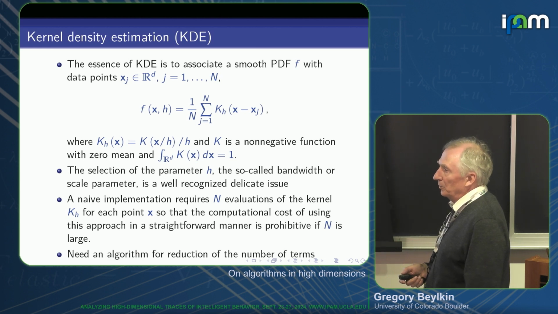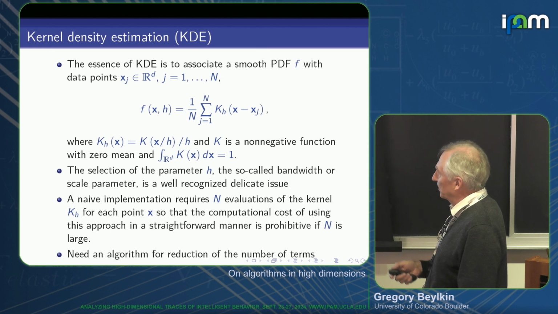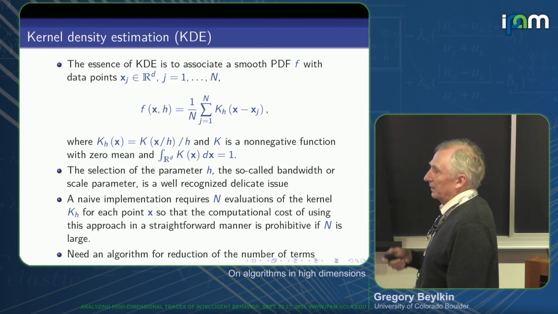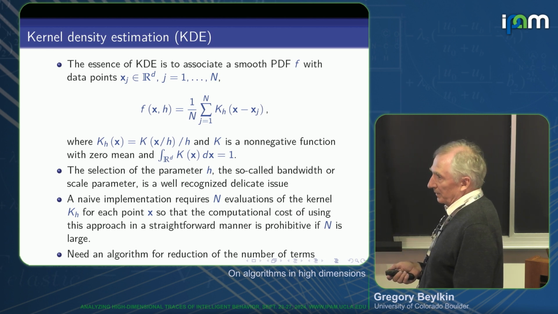And now let me show you some examples. We didn't do data science in that paper. It was done for the purpose of numerical computations. But we had a couple of examples, and I will show you these examples. Kernel density estimation, a very old idea. You have a bunch of points, and you want to construct a function that approximates these points.